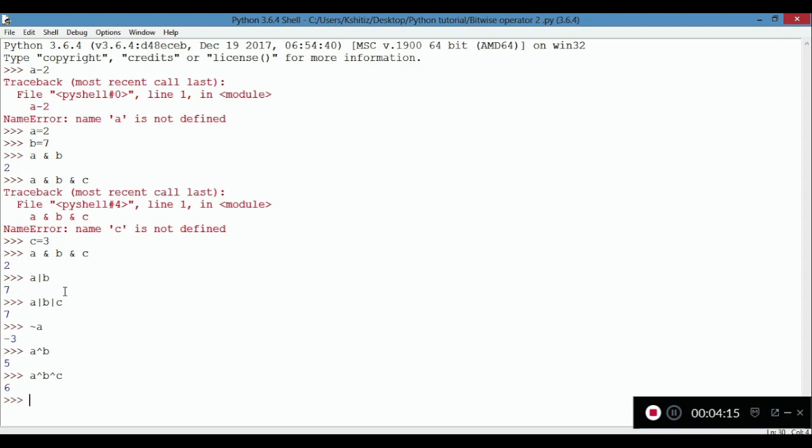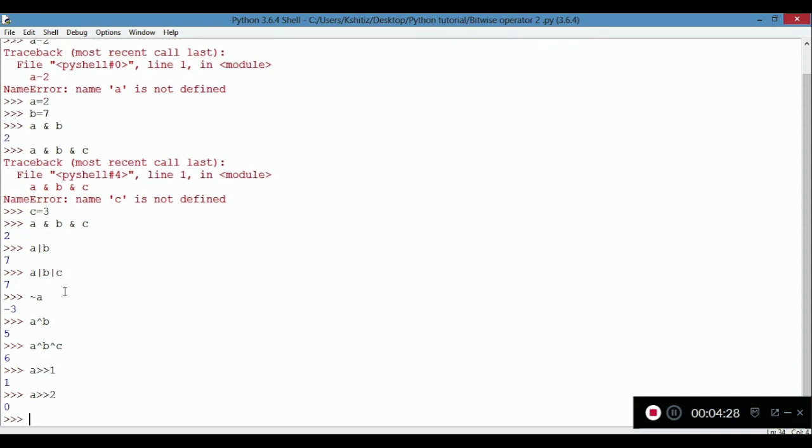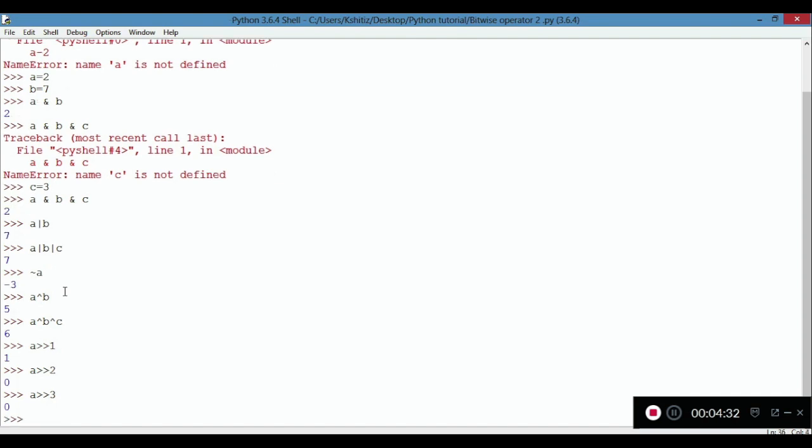Let's see next, that is the right shift. So a, then right shift by 1. So a right shift 2 would give us different answers. Now let's do a left shift.